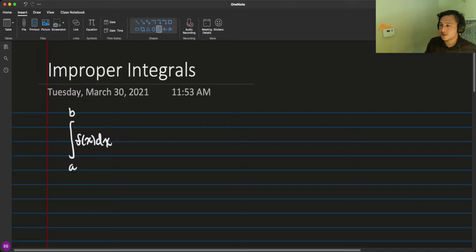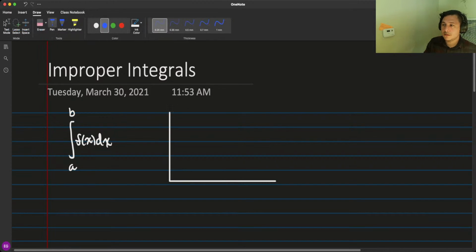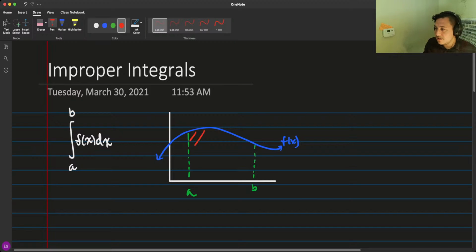So let's draw the picture. Okay, so here's your f of x. And here is your a. And here's your b. And the area here that I've highlighted in red, that's the answer to that definite integral, right?